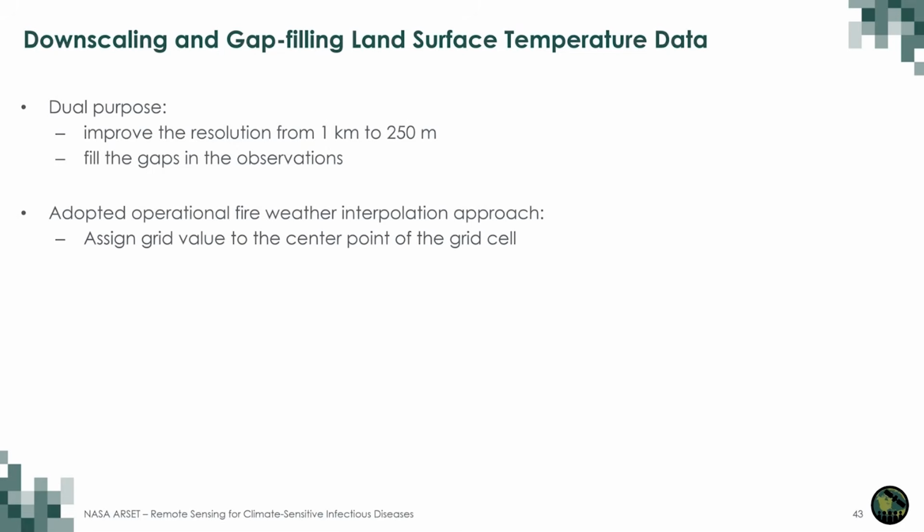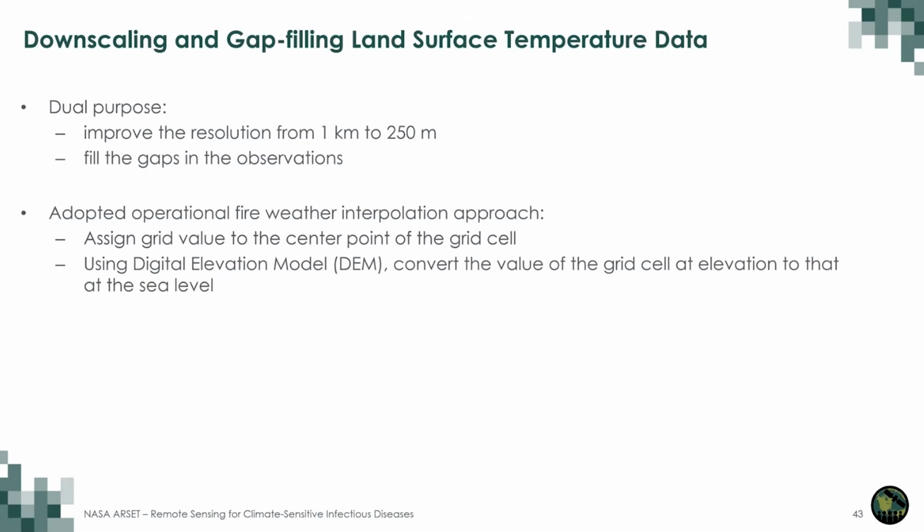And we took the grid value for valid observations, converted them to points. Using the digital elevation model, we knew at what elevation those grid cells were, and we used a very simple adiabatic rate to convert the value of the grid cell to remove the impact of elevation so that we brought everything to the sea level.